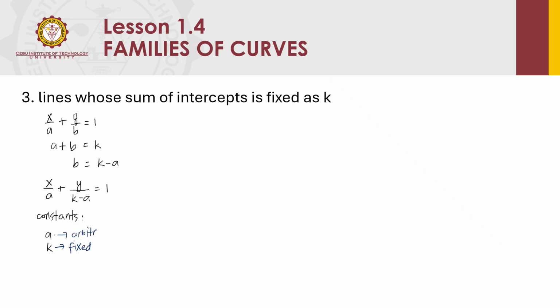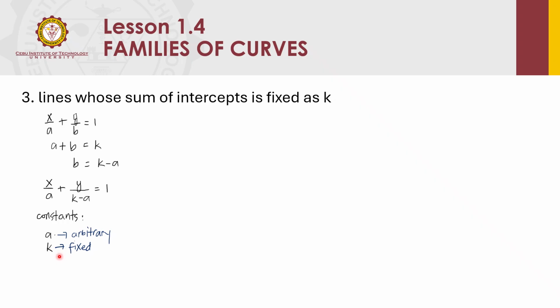Only the summation of the intercepts k is fixed, so a can be any value. For example, if k is 7 and a is 3, the y-intercept b is therefore equal to 4. If a is of a different value, then b would also have another value, making it arbitrary. But the summation of the two is fixed.